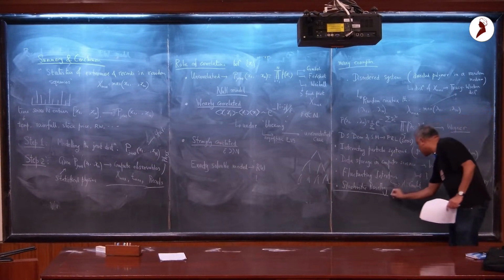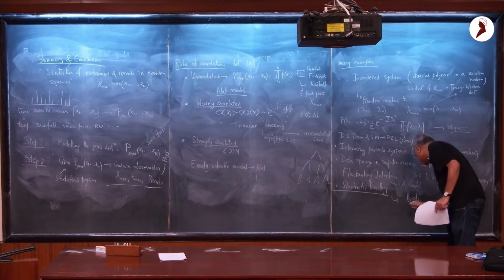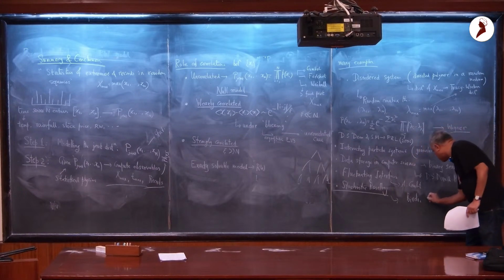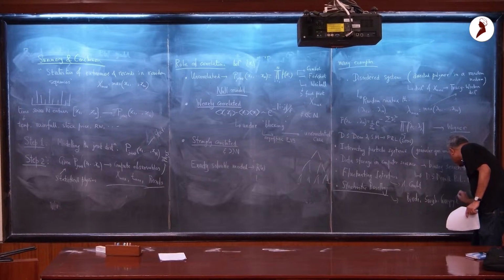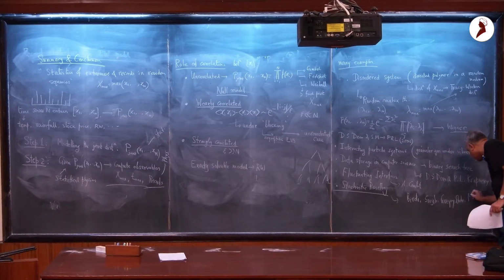There are many people here. I'll just mention Marco Biroli, who is my current PhD student, Sanjib, Gregory Schehr, and very recently we did some work jointly with Sanjib and Manoj Kulkarni.